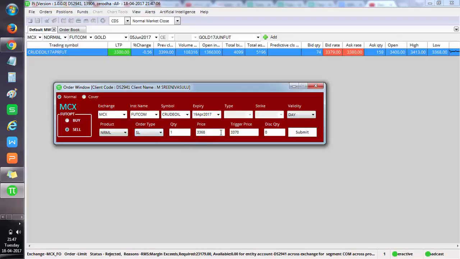So the range between trigger price and price is up to you, but it has to be sensible enough so that your requirements are fulfilled. You should be smart enough in selecting the difference between trigger price and price. For crude oil, 2 rupees would be fine.